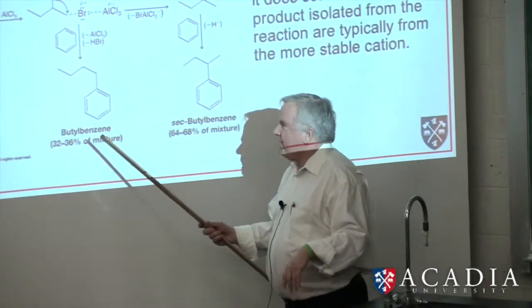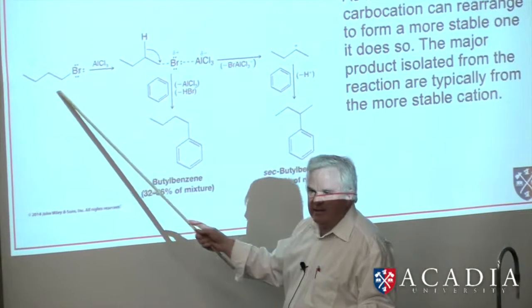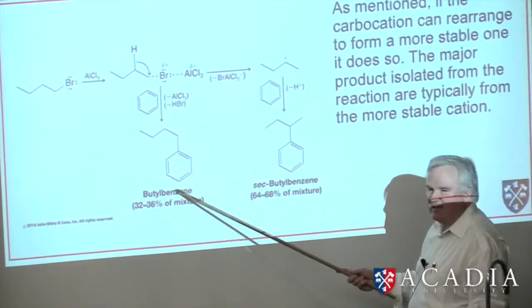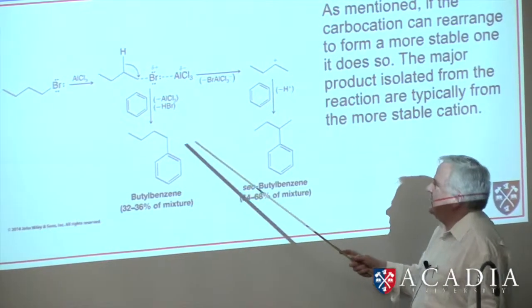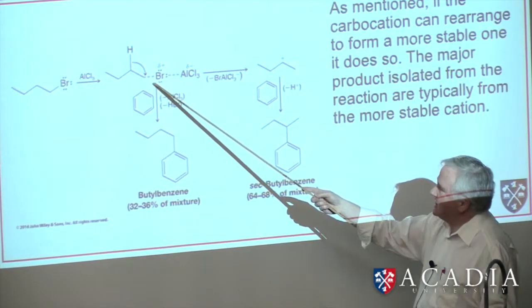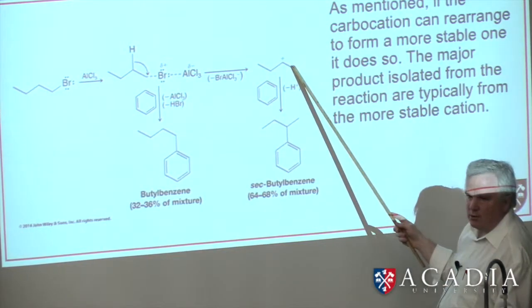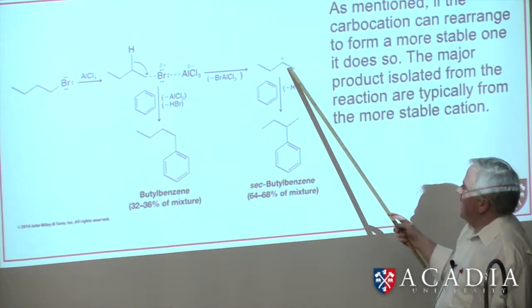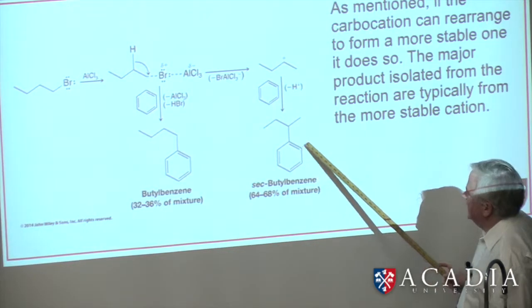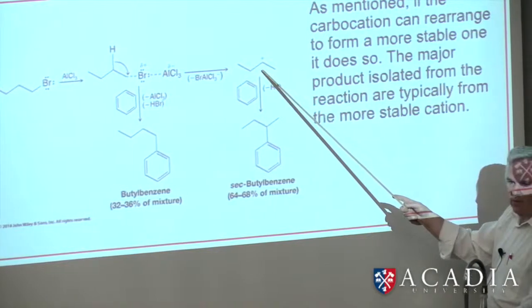So if we want to make this compound, one might think we would use this, but in fact, this is the minor product. What we get is this Lewis acid base complex. It's a primary carbocation, it's probably complexed, but it just breaks apart to form this secondary carbocation. And then we end up getting this as the product because this cation is so much easier to form.